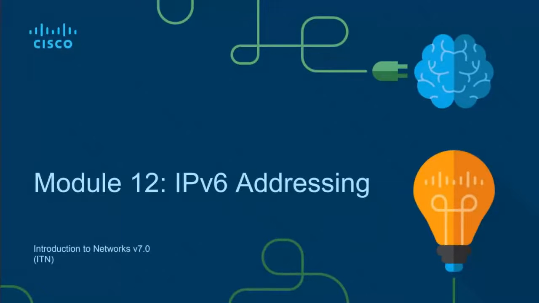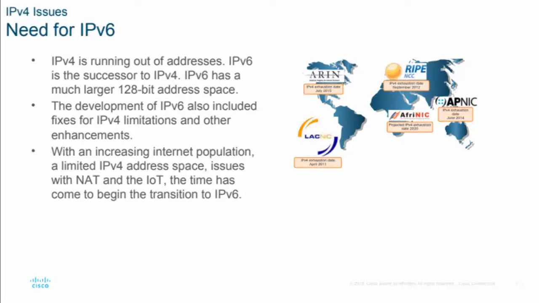Okay, addressing. Now we know that IP version 4 is 32-bit, IP version 6 is 128-bit. They developed IP version 6 because they were worried that IP version 4 would run out of addresses, and there were some problems with IP version 4, some limitations.